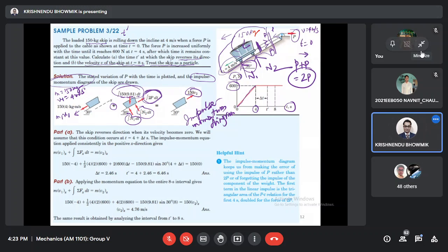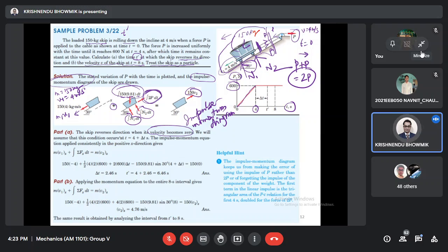Now, part A: calculate the time t prime at which the skip reverses its direction. Initially it is moving down, then it will start to move up after some time. So when it starts taking the reverse direction, velocity will be 0.